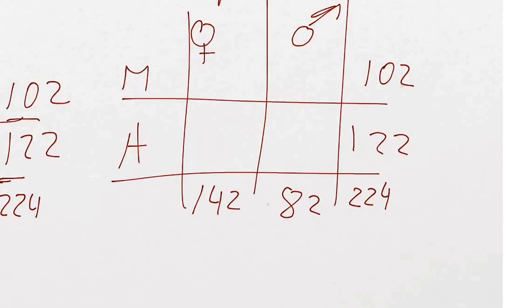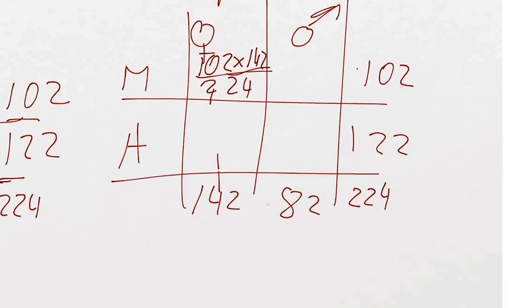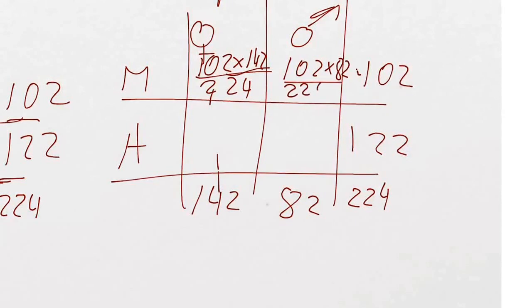So, for this one here, for the females in the morning, it would be 102 times 142, so that's this one here and this one here, divided by 224. For the males, you would do 102, that's this one here, times 82, divided by the grand total, 224.